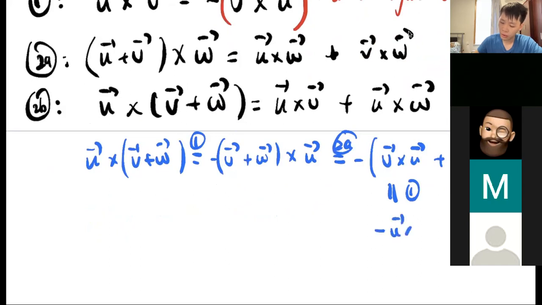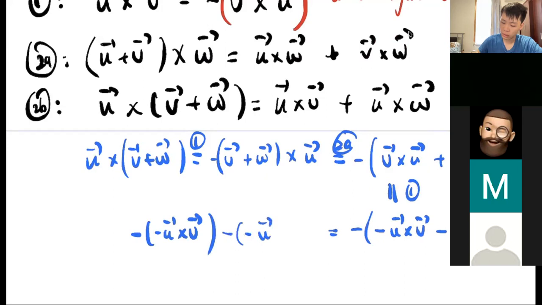So minus U cross V, minus U cross W, the minus sign. And then you can distribute the minus sign there. That becomes minus of minus U cross V minus of minus U cross W. Well, two minus signs give you back the positive sign. That's why it's U cross V plus U cross W. Like here.